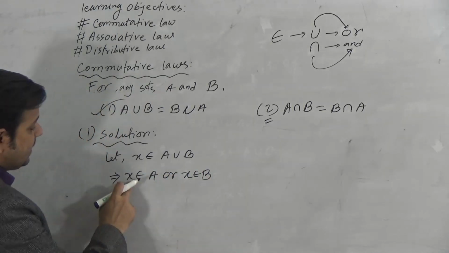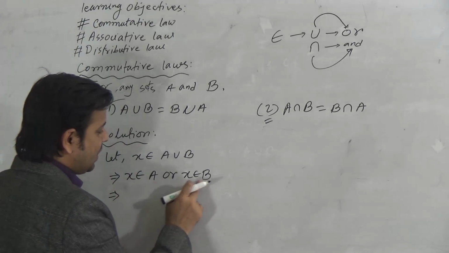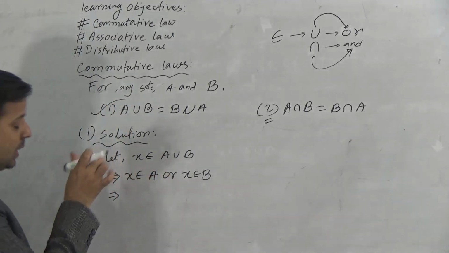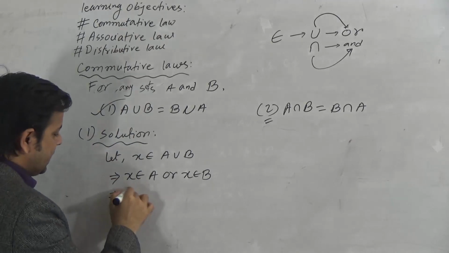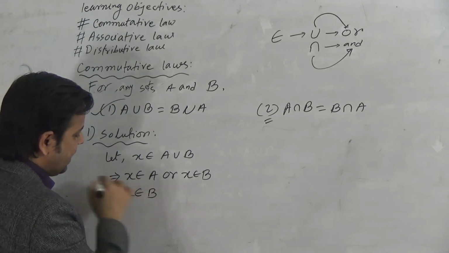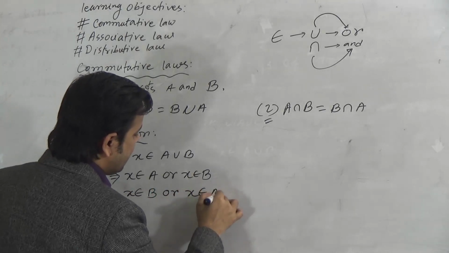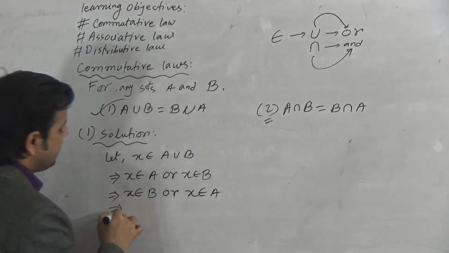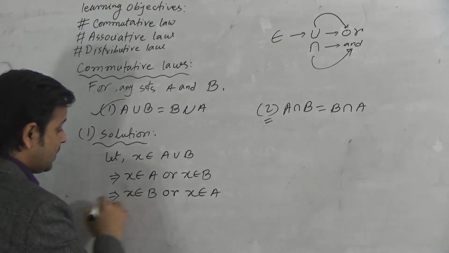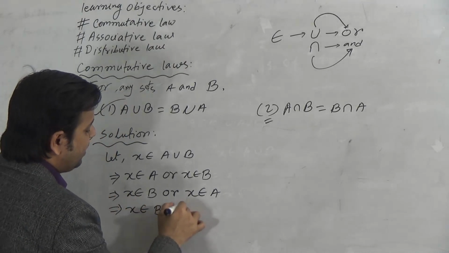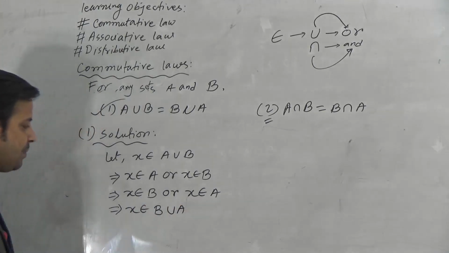Now, as X is contained in A or X is contained in B, then interchanging this, we can write X is contained in B or X is contained in A. So this implies X is contained in B union A. What does it mean?